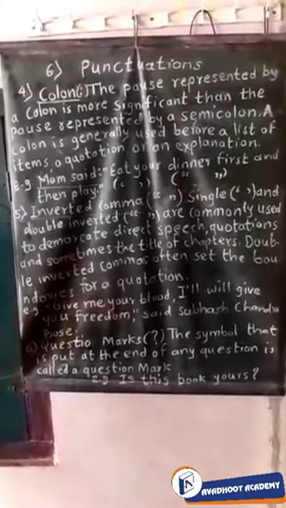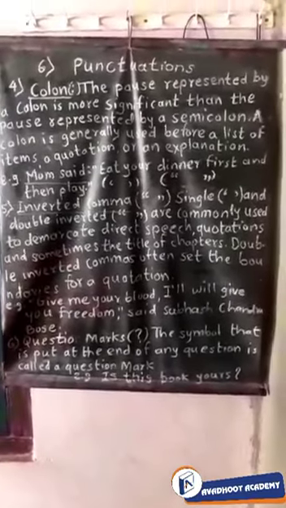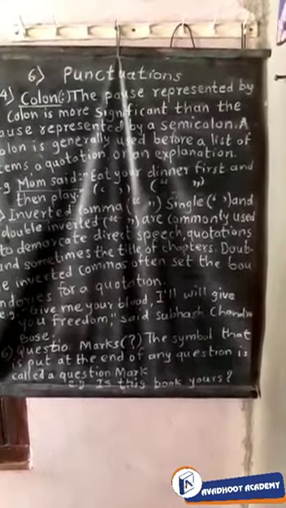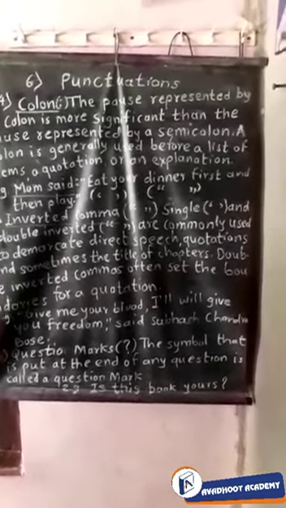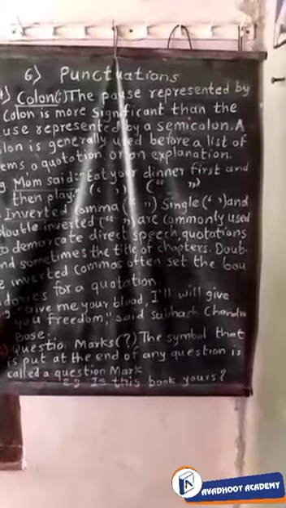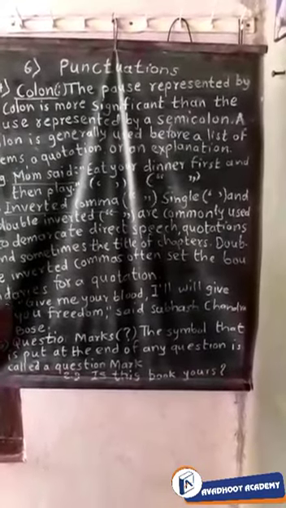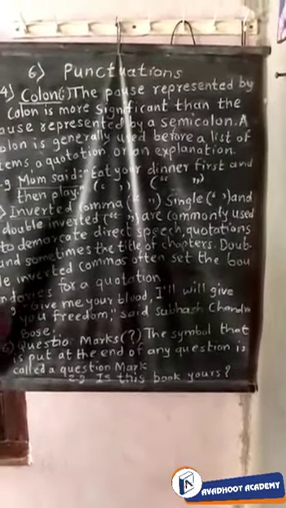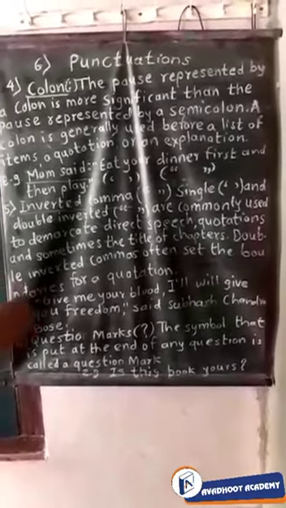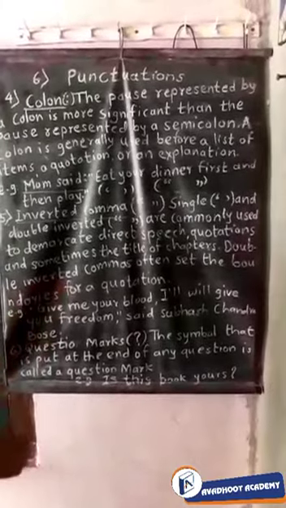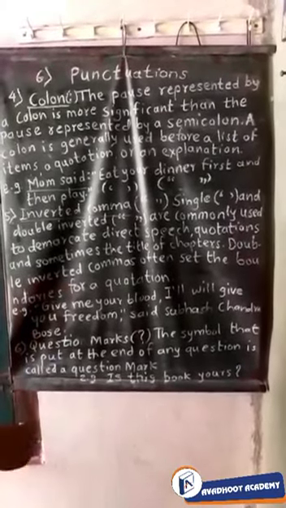Inverted commas are also very useful for making sentences and are commonly used to demarcate direct speech or quotations, or sometimes the title of chapters. If we want to give effect to the title of chapters, we give single or double inverted commas. They often set the boundaries for a quotation.